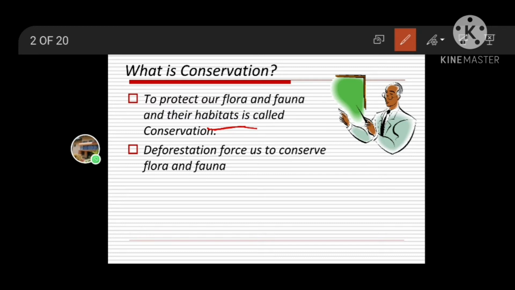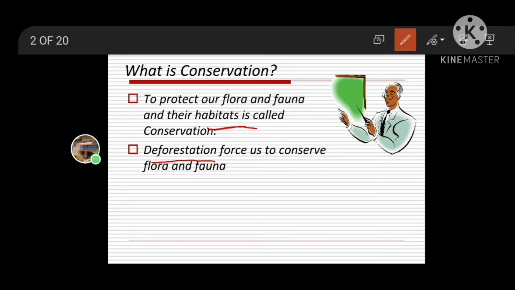So if we destroy the forests on a large scale, we call that process deforestation. That phenomenon of clearing of forest on a large scale to get that land is called deforestation.